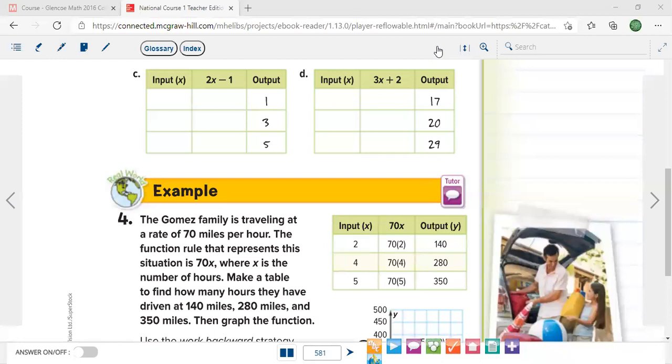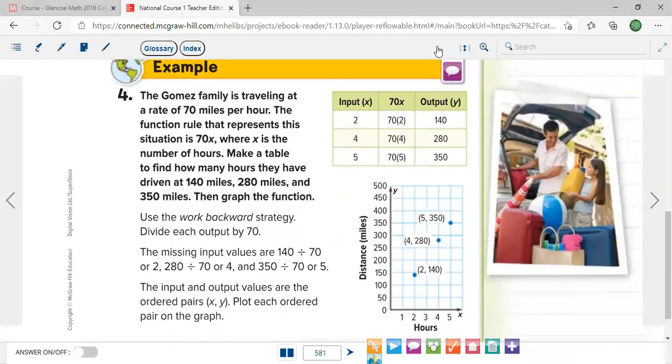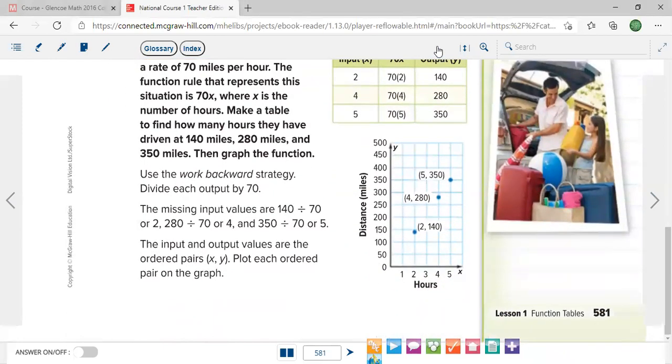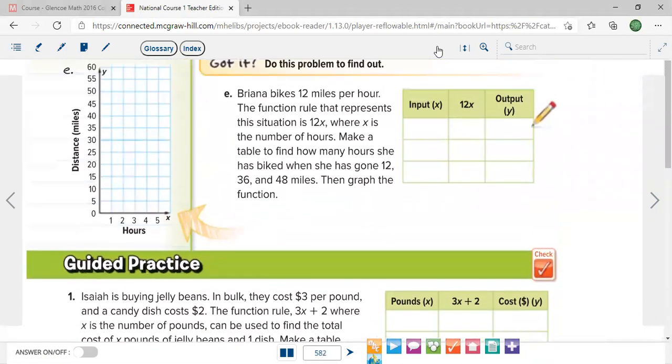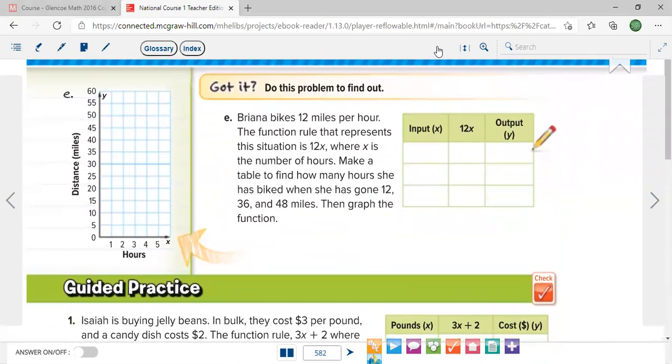Now moving on. Problem E. Brianna bikes 12 miles per hour.